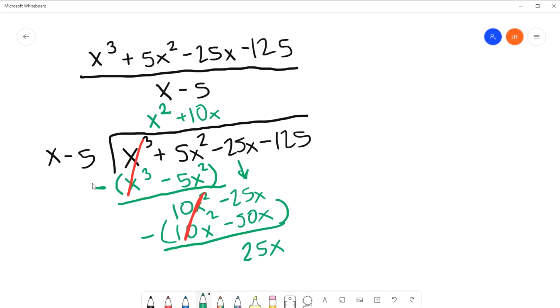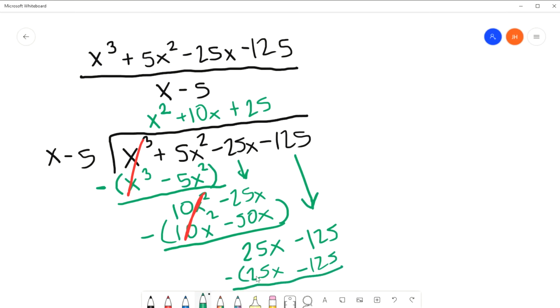All right, cool. So now I can bring that down, and I have 25x minus 125. And I say, what do I need to multiply x by to get 25x? 25. So plus 25. 25 times x is 25x. 25 times minus 5 is minus 125. And what do you know?